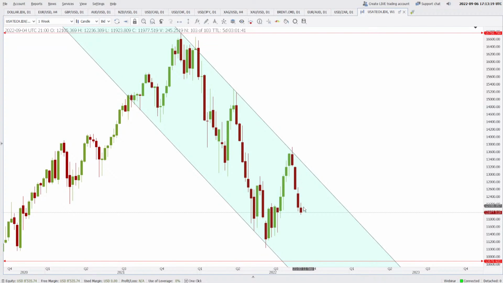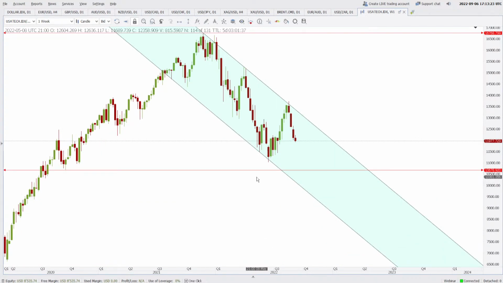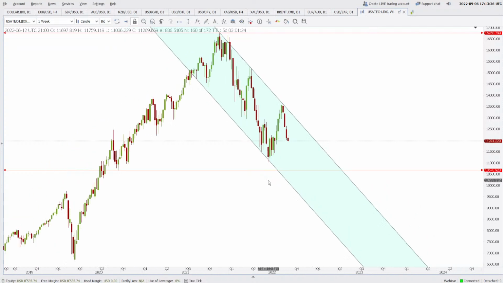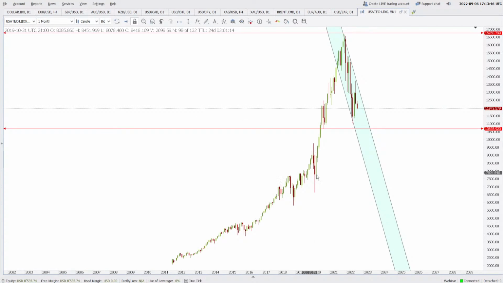But what happens here at 10,678? My friend Anwar, if you are still here, what happens at 10,678? I think watching that will be interesting, because below that the downtrend on the weekly will be confirmed. Below 10,678, on monthly also the downtrend will be confirmed.